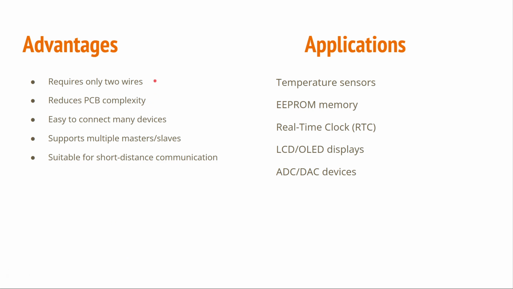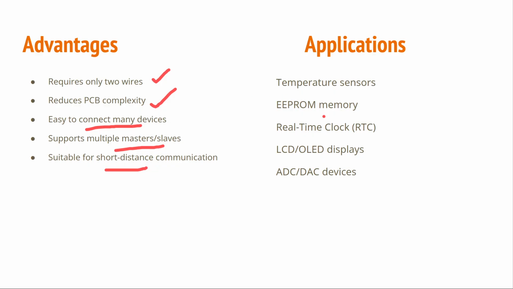So the advantages are it requires only 2 wires, one for clock and one for data. Since it comes with a 2 wire system, PCB complexity is low compared to SPI. You can easily connect many devices. Then it supports multi-master and multi-slave methods. If I am going for short distance communication, then I2C is a good choice.